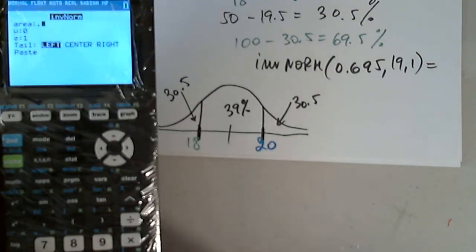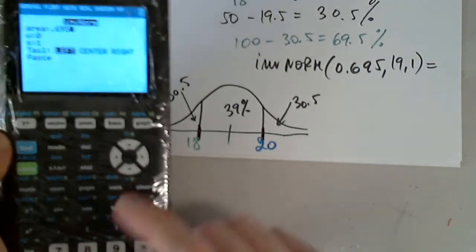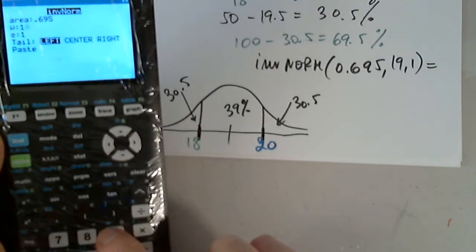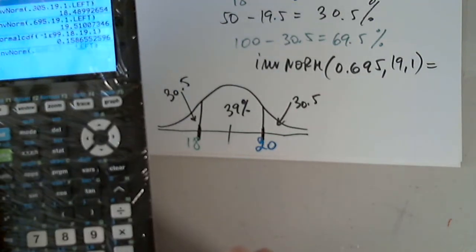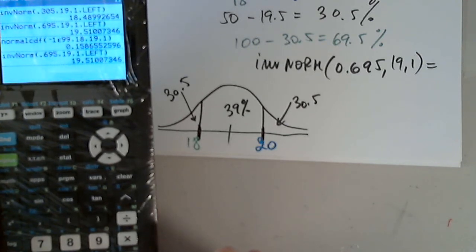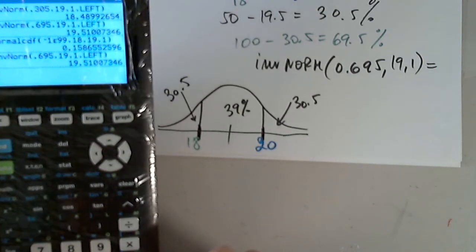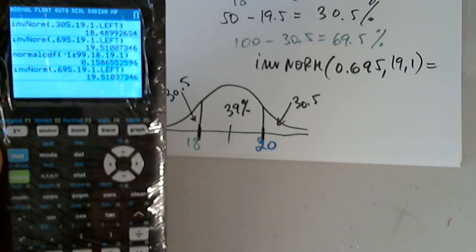So area to the left, 0.695, mean 19, standard deviation. This is really strange.